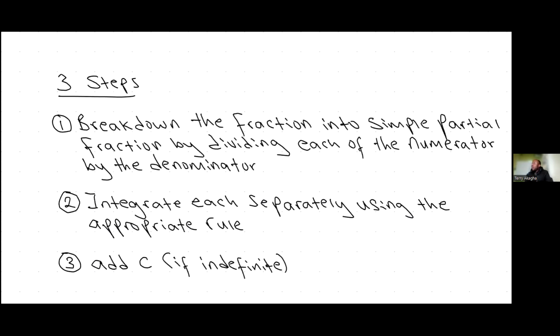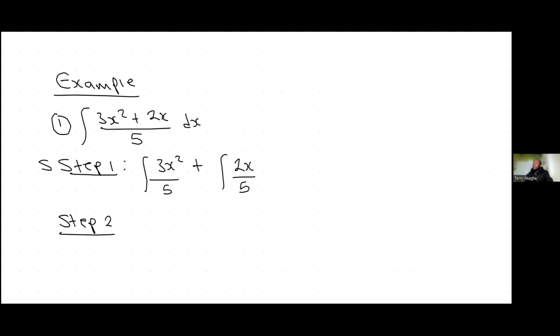So what we then have to do is solve this using each appropriate rule. You can see in this case, we have a constant. So remember I told you one of the rules, you have to bring out the constant. So it's going to be 3/5 the integral of x squared, plus we have another constant here, which is 2/5. We'll bring it out. So it's going to be 2/5 the integral of x.